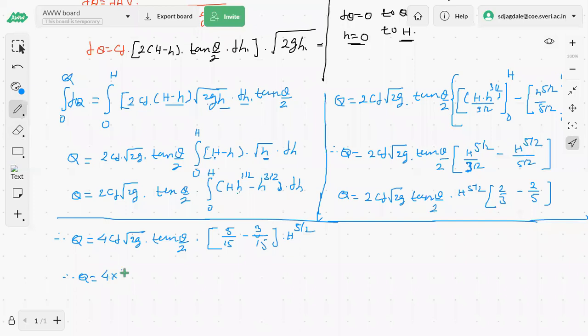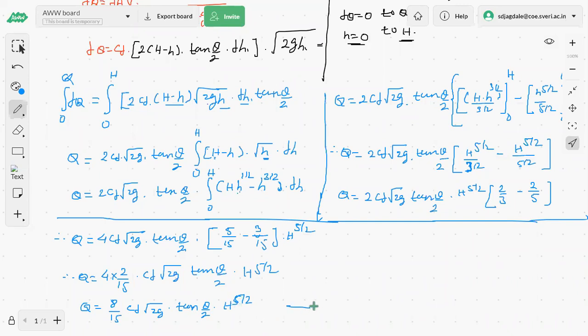Okay, so 4 into 2 by 15 into CD root 2g tan theta by 2 into h raised to 5 by 2. So the ultimate equation will be Q is equal to 8 by 15 CD under root 2g tan of theta by 2 into h raised to 5 by 2.